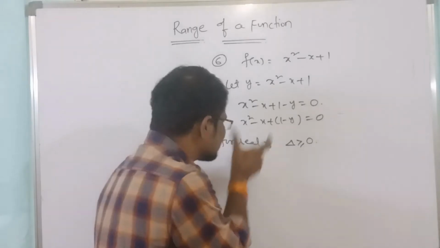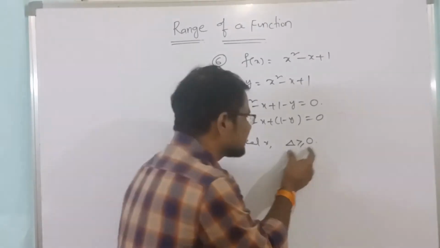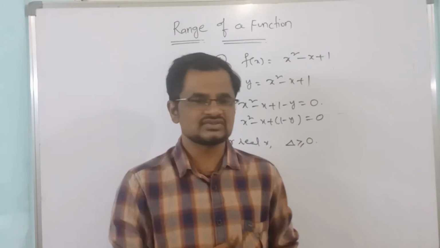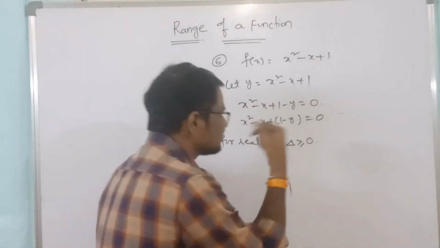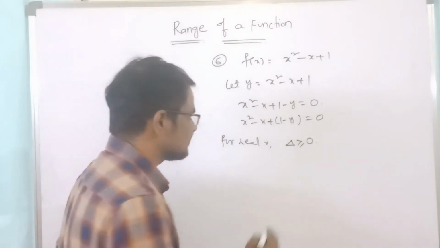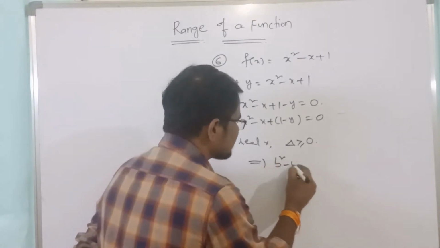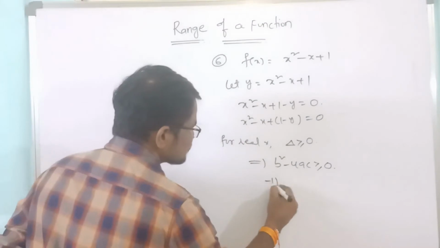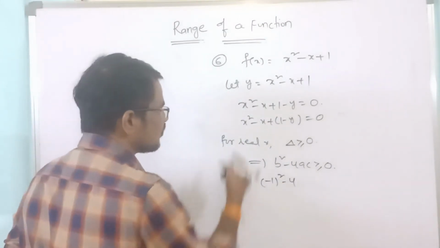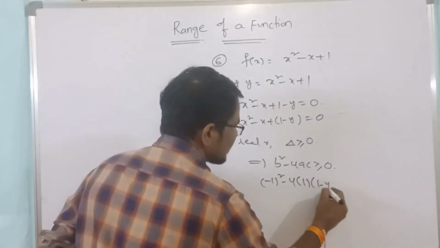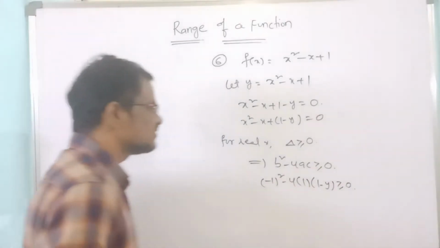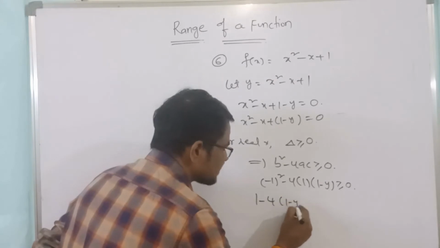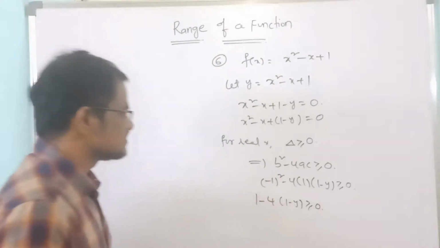When the discriminant is greater than or equal to 0, definitely this x value is real only. So that's why for real x, I will take discriminant greater than or equal to 0. That implies b square minus 4ac greater than or equal to 0. So minus 1 whole square minus 4 into 1 into 1 minus y greater than or equal to 0.